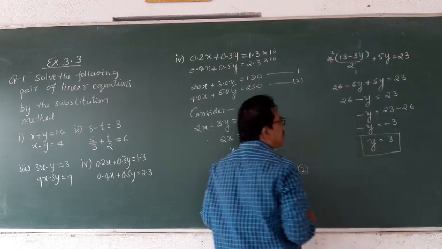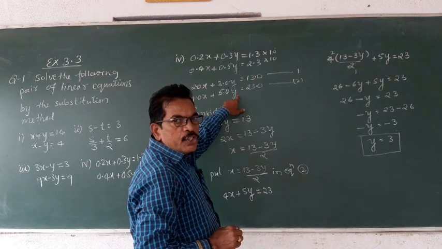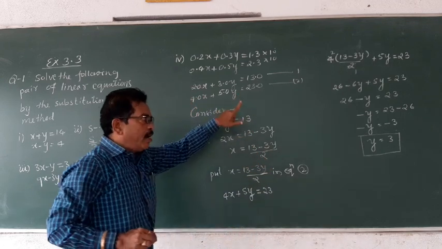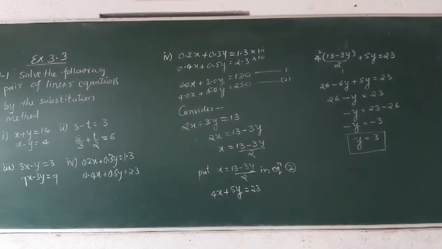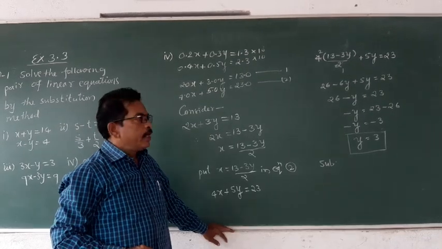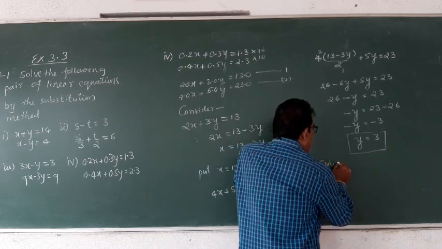This is the value of y by the substitution method. Observe the solution. Next, we find the value of x. Now substitute the value of y in equation 2 or first.